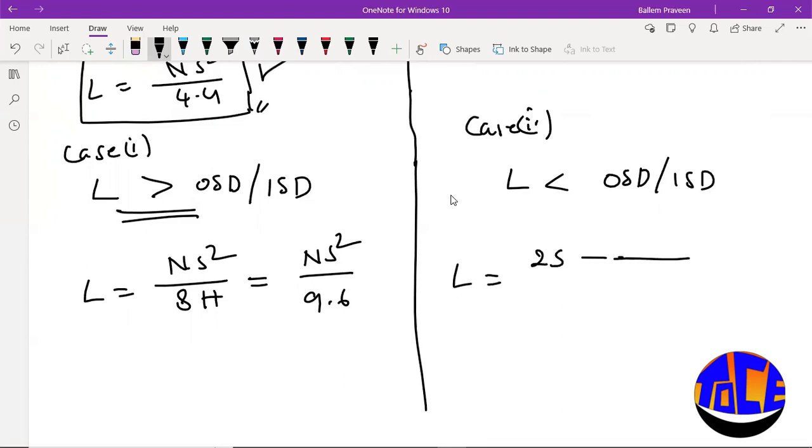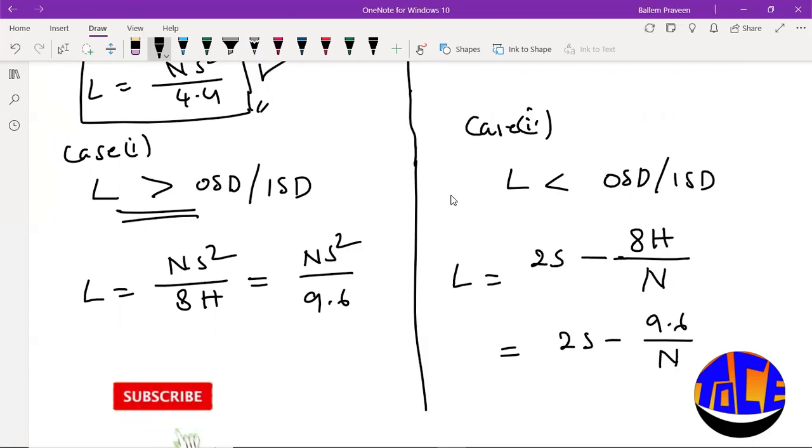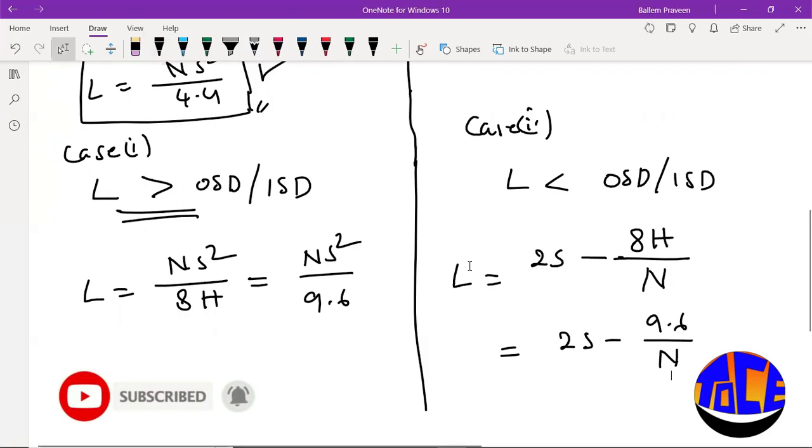What is in the numerator must be written in the denominator. N is left in the numerator, so I write N in the denominator, and the denominator has 8H, so I write 8H in the numerator. If you substitute H, it will be 2S minus 9.6 divided by N. So these are the formulas you need to remember for designing the summit curve, right? Thank you all.